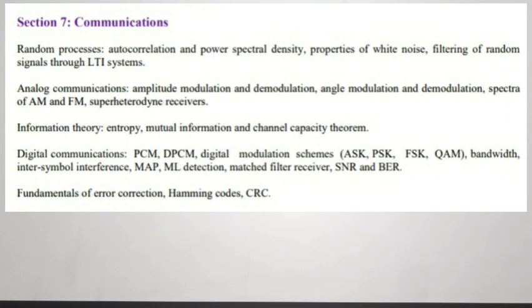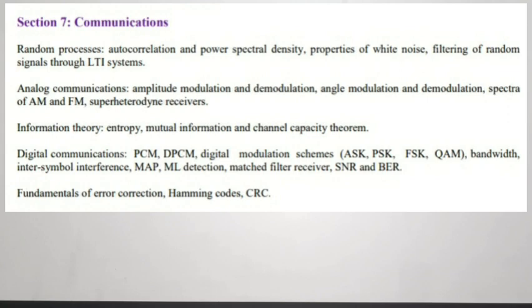This small bit is about analog communication. In that you have to cover amplitude modulation, demodulation, angle modulation, that is frequency and phase modulation. Both combined are called angle modulation, right? So you have to study both angle modulation and demodulation.